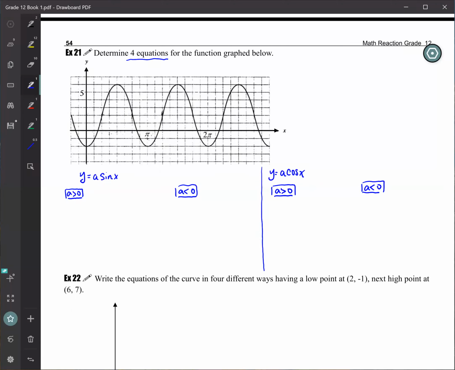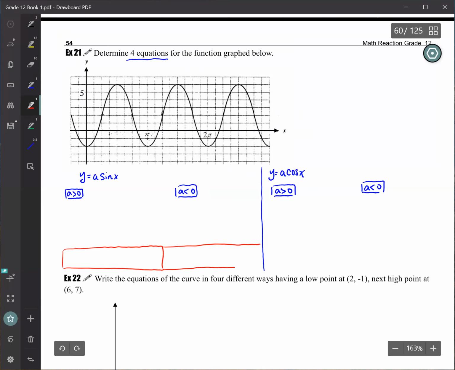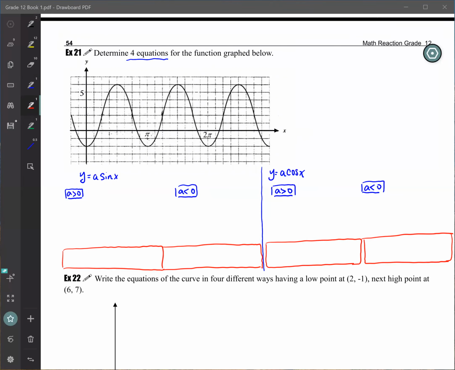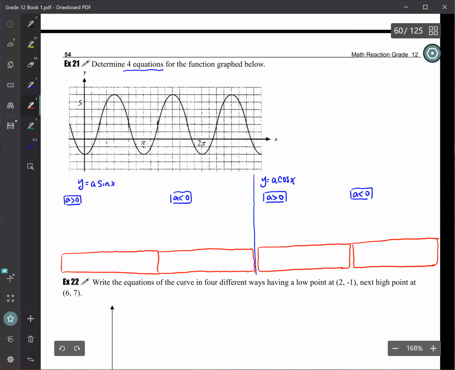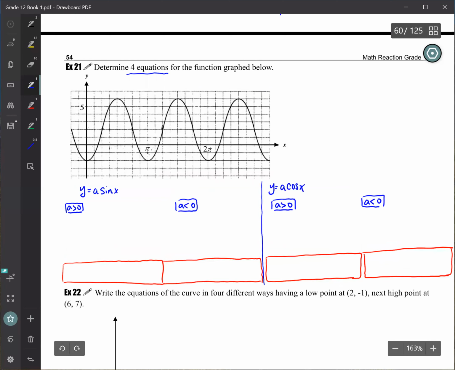So at the end you get 4 equations. So please raise your hand if you have found the first one, okay?